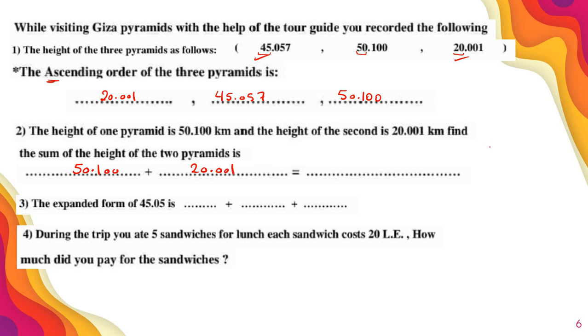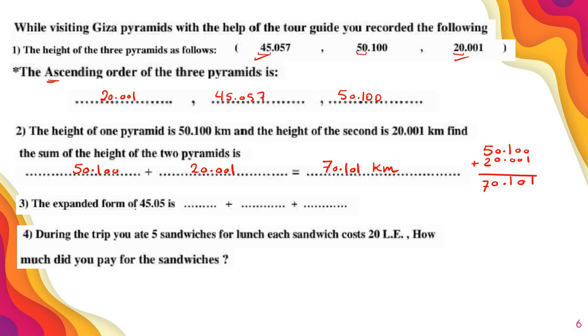You can make a rough work here. So 50.100. Start to line up from the decimal point. So I have to put here 0, 2, and 0, 0, 1. I will add, so it will be 1, 0, 1. Put the decimal point, 0 and 7. So the answer is 70.101. Don't forget to put the unit, which is kilometers.